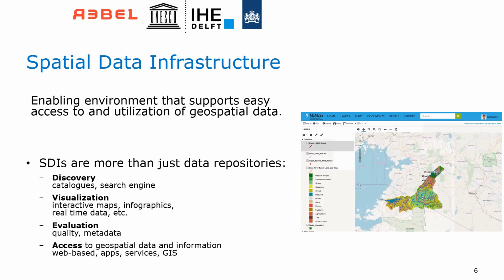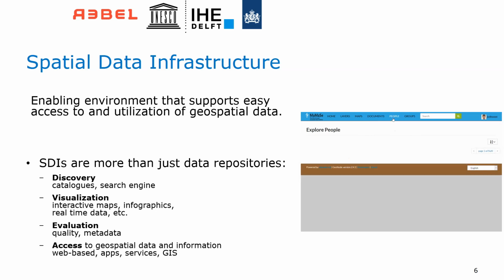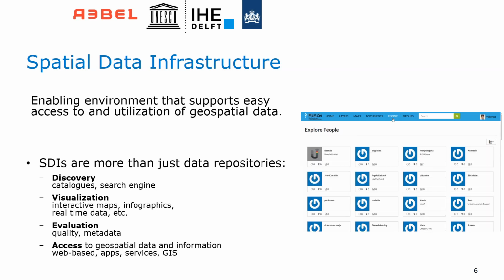So here on the right side in the animation you see how we can on the web query our spatial data infrastructure, preview maps, combination of layers. It also allows us to share documents with information about data which can be linked to the data sets that we found. We can also explore people, so it's like a social network.